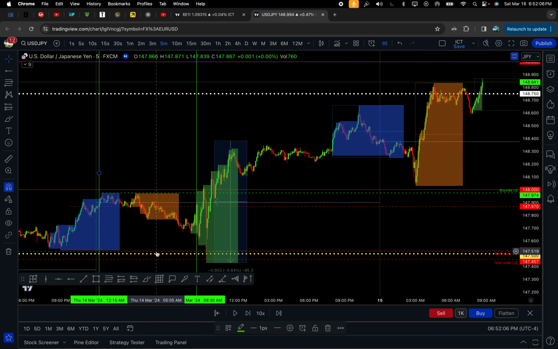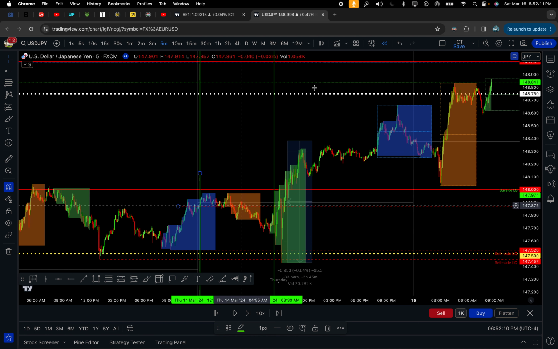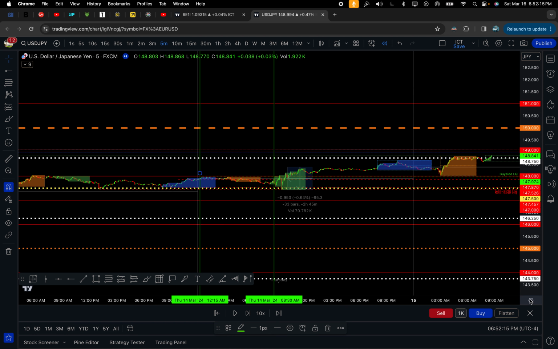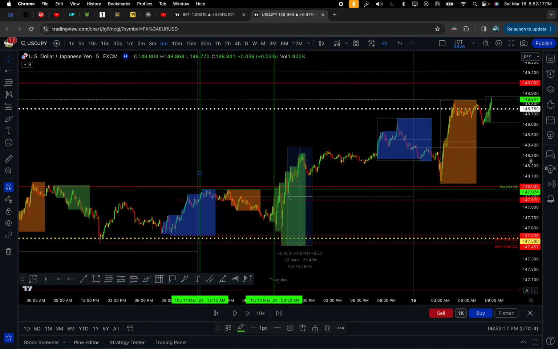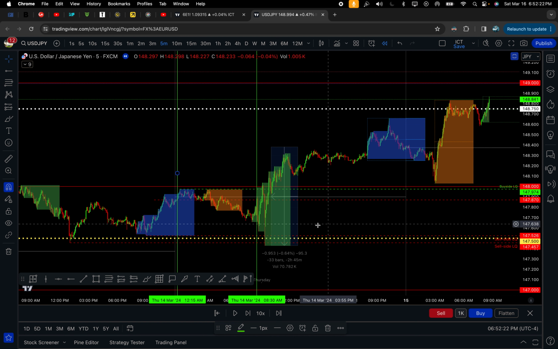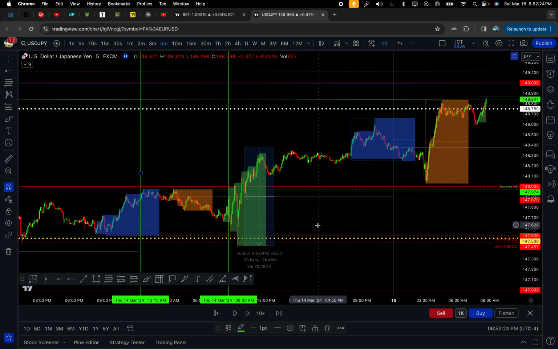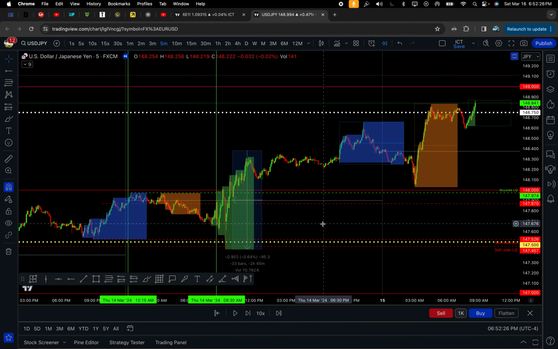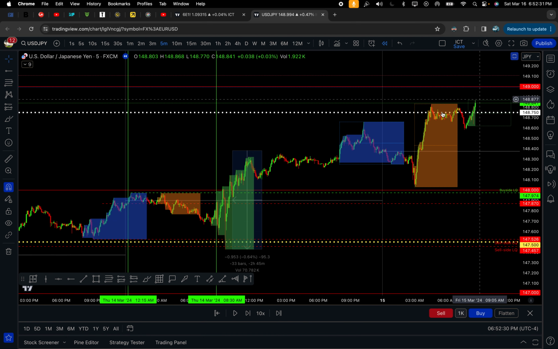These 10,000 levels, price bounces in between these pretty well. Even the 100,000 levels, if you zoom out, you'll see they bounce back and forth. But even these 1,000 levels, a lot of times it'll come up above to the next strong level and then bounce off.